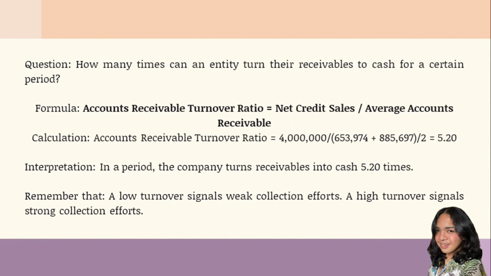So accounts receivable turnover ratio equals 4 million divided by 653,974 plus 885,697 divided by 2, which equals 5.20. So, in a period, the company turns receivables into cash 5.20 times. Remember that a low turnover signals weak collection efforts, a high turnover signals strong collection effort.